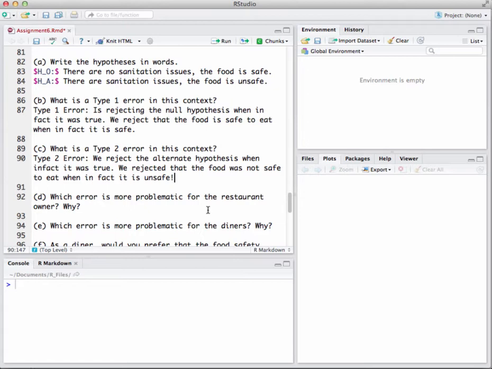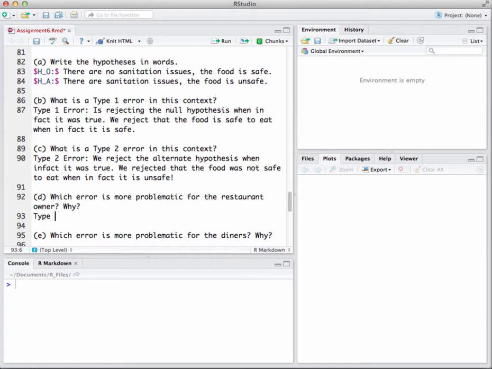So which error is more problematic for the restaurant owner and why? Okay, so of these two errors, type 1 error is a bigger problem for the restaurant owner. Why is it for the restaurant?